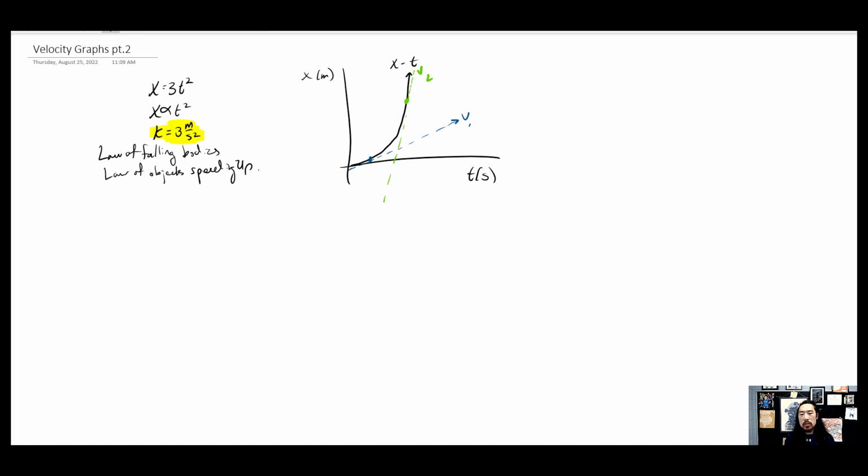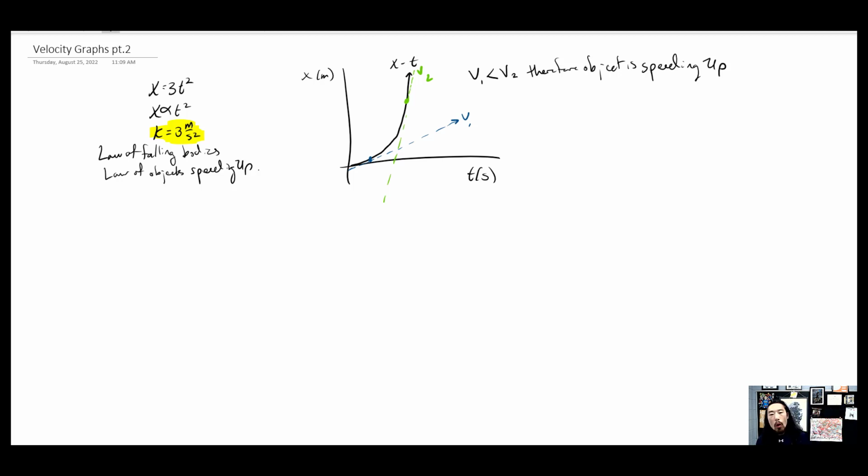It always helps to have a statement explaining what's going on, and we can say that V1 is less than V2, and we know that because of the slope. V1 is more flat, V2 is more vertical, and therefore the object is speeding up. These are all great parts of coming up with your explanation for exactly what is happening.